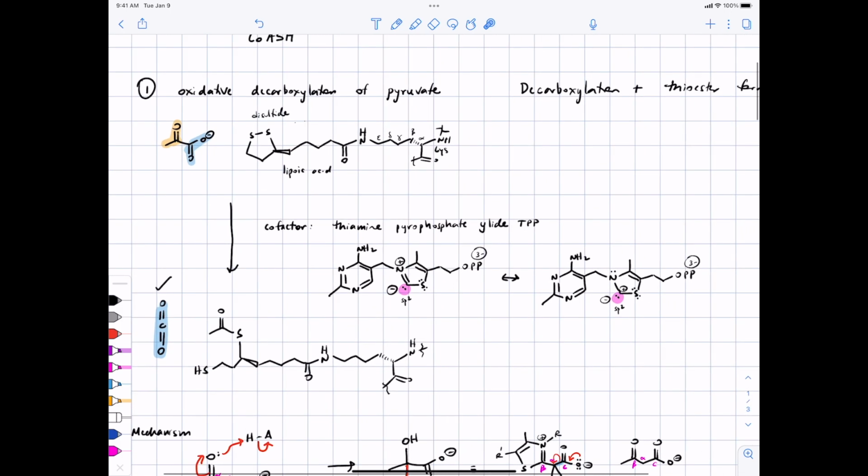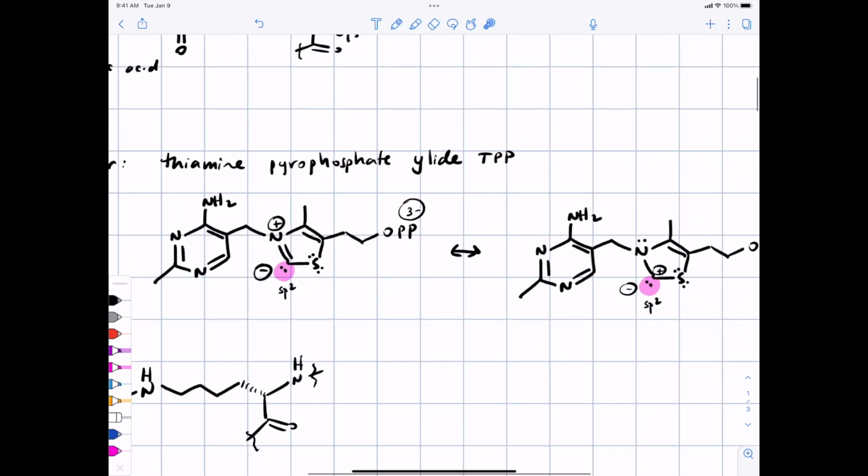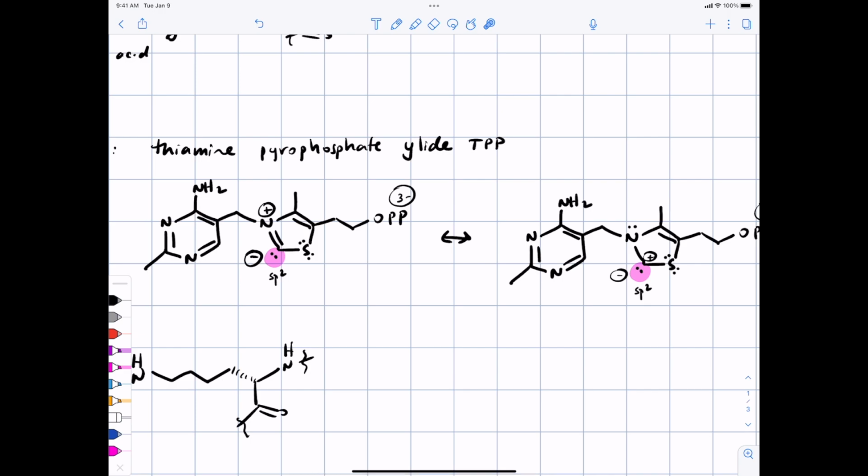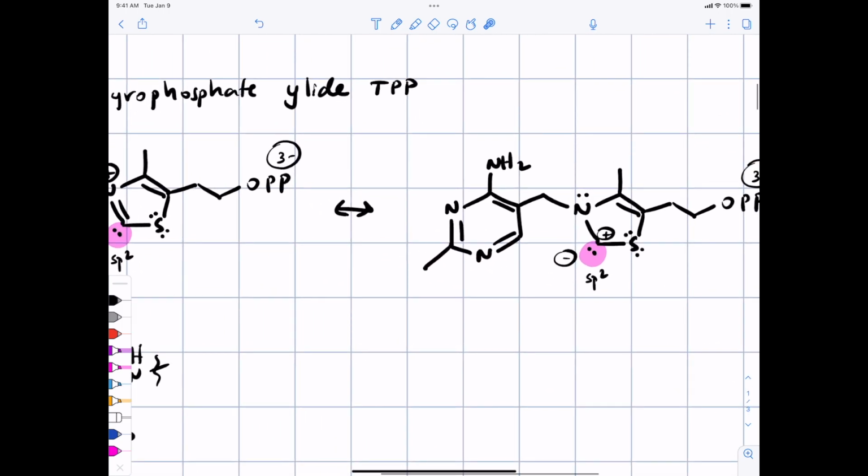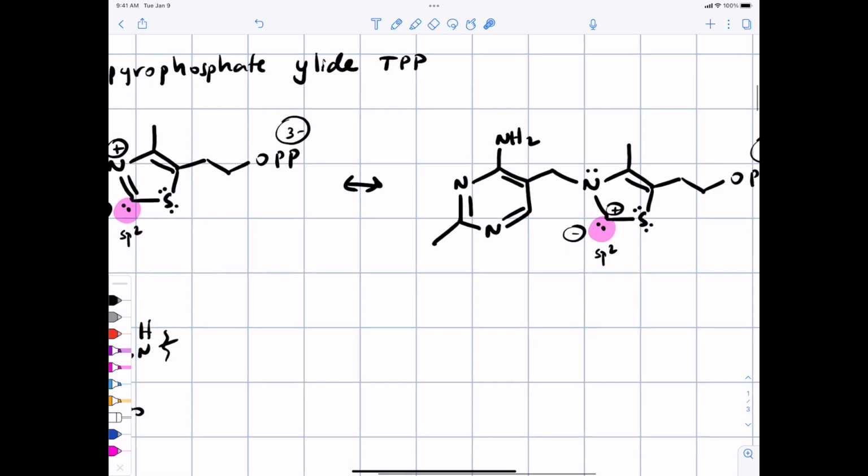And one of the interesting things about thiamine was it has this weird characteristic of being nucleophilic and electrophilic at the same carbon. We talked about how you can draw a resonance structure where you basically have an sp hybridized lone pair on the same carbon as you have an empty p orbital, which is weird. We haven't talked at all about molecules like this, though they're not that rare in organic chemistry, and you can do interesting things with them.